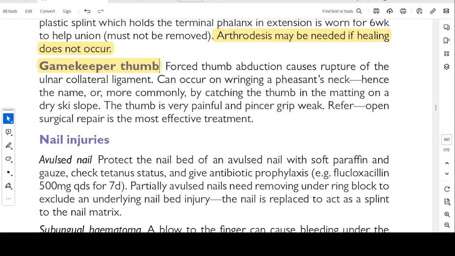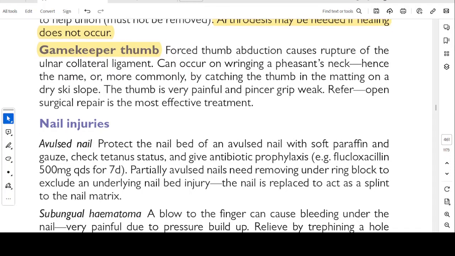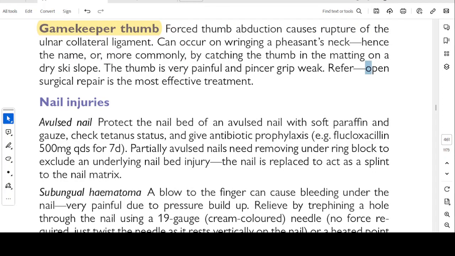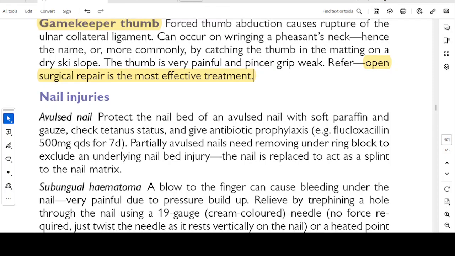The thumb is very painful and pincer grip is weak. Refer, as open surgical repair is the most effective treatment. So gamekeeper's thumb is a sports injury and you need to refer it for surgical repair.